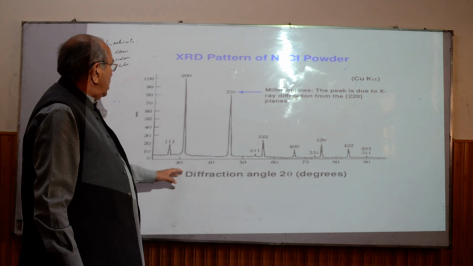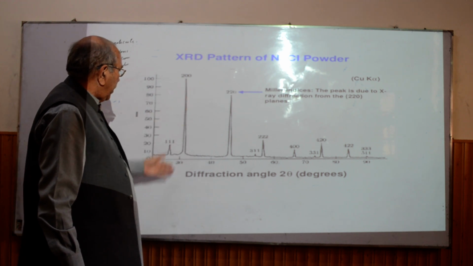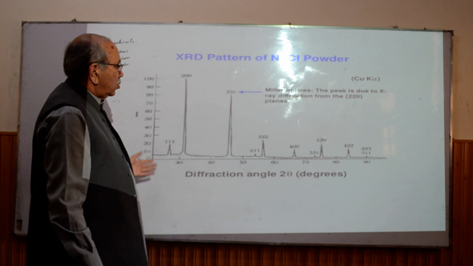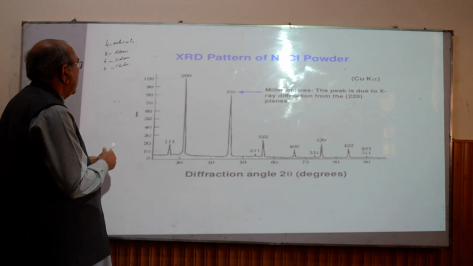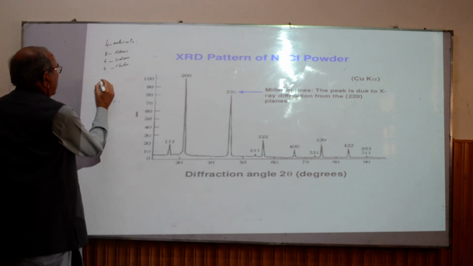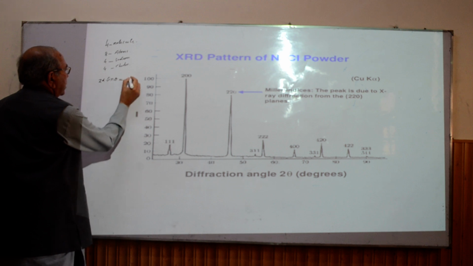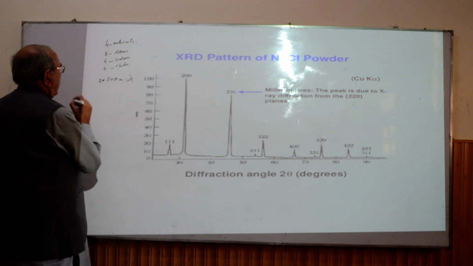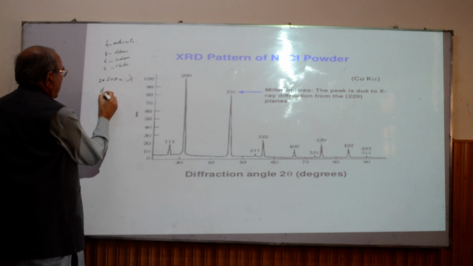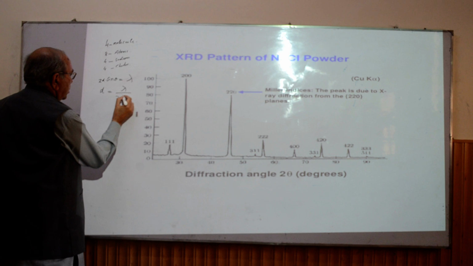So you can see that every peak appears at a particular angle. So theta can be determined from here. If I know 2 theta, I can find theta. So I can use the relation 2d sine theta equals n lambda, where n in this case is 1. From this I can calculate d equals lambda divided by 2 sine theta.